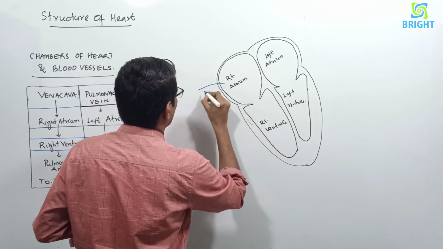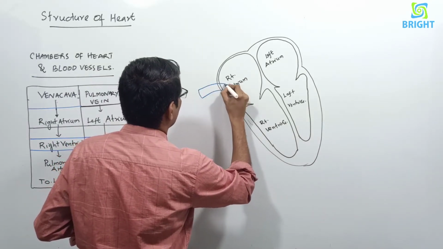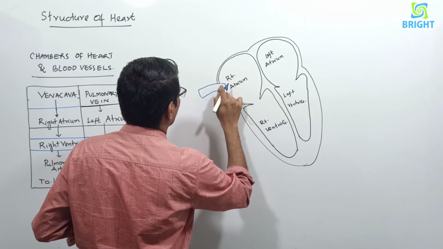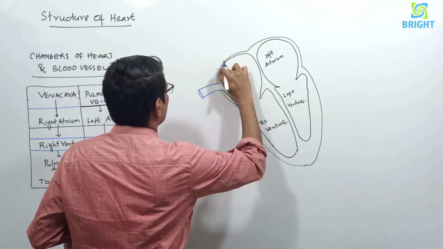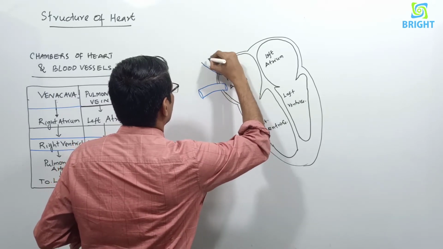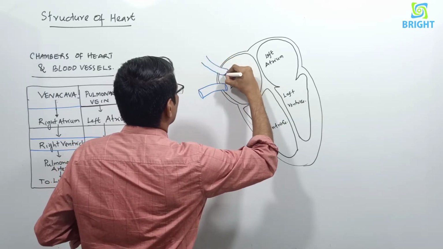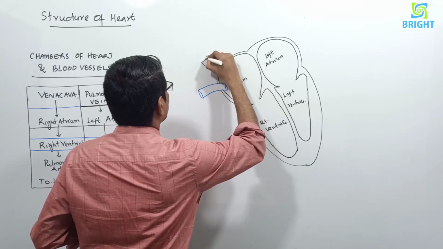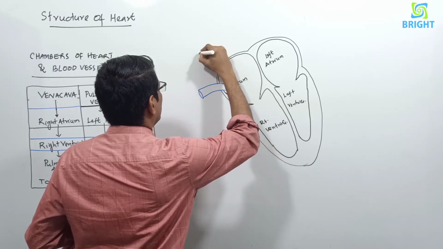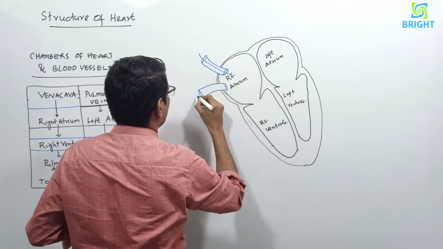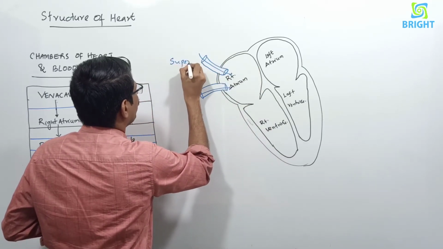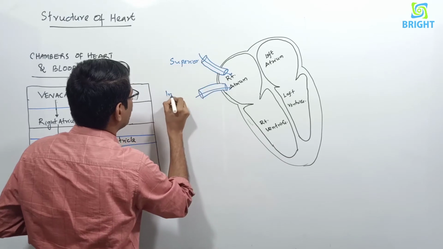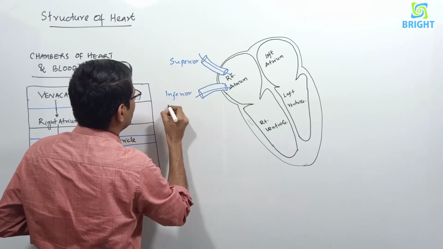So we can draw, this is one Vena Cava, and here another Vena Cava. The Vena Cava carries deoxygenated blood from our body, and this is the superior Vena Cava and this is the inferior Vena Cava.